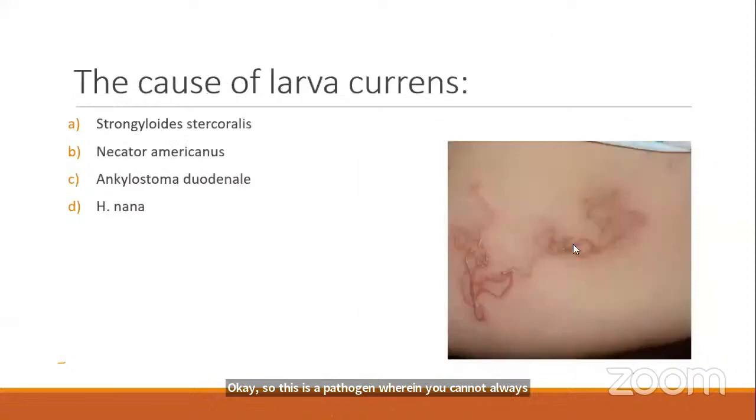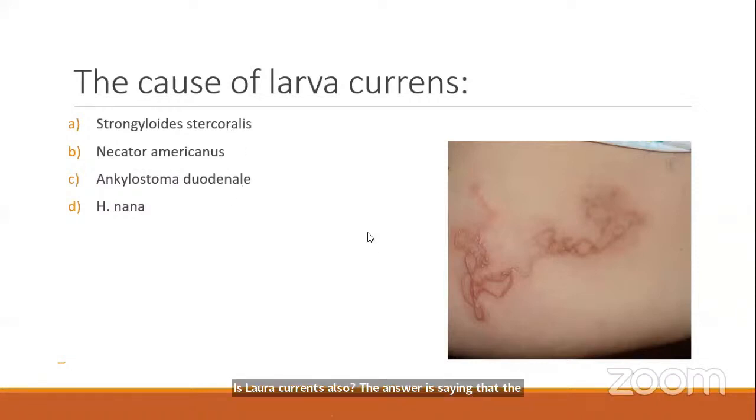So what is the cause of this phenomenon called larva currens? Worm is seen. Yes, Cyril, I didn't get you. What you have asked? Worm is seen. Yes, larva currens. Also, the answer is same. That is Strongyloides stercoralis.